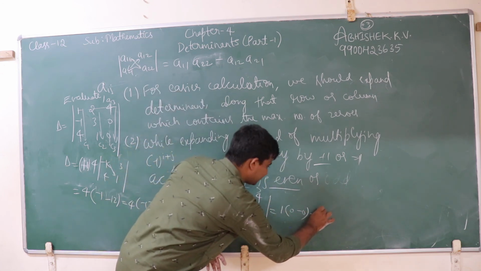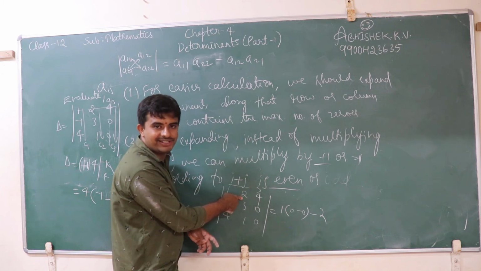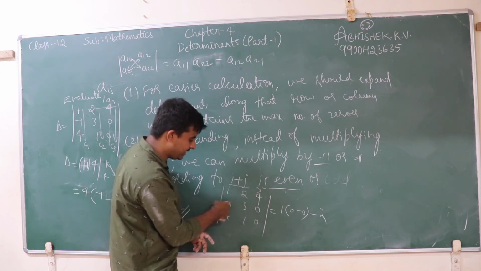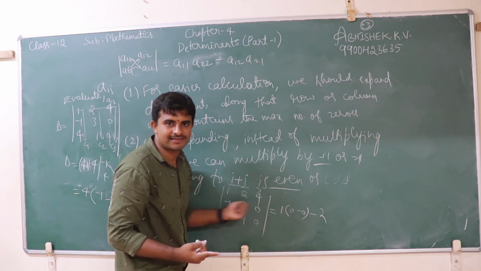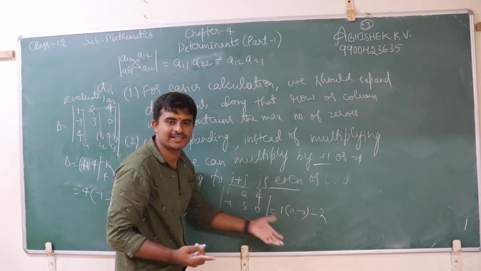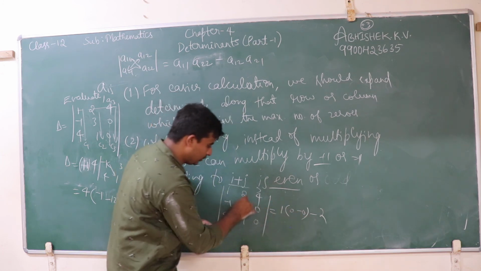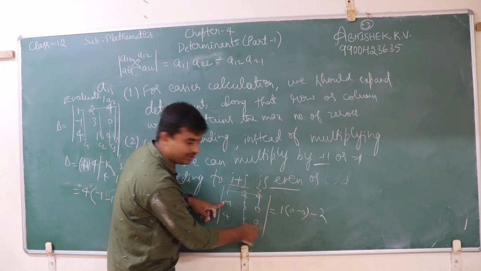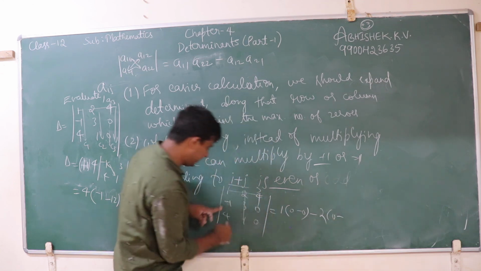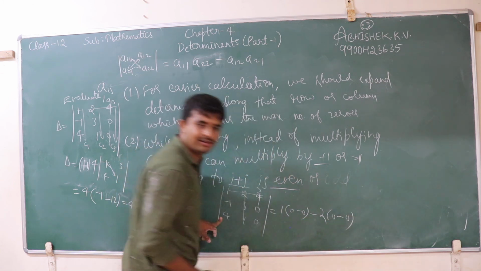Then minus 2 because of the A12 element, with the sign pattern plus, minus, plus, minus, alternating correspondingly. Minus 2 into, deleting this row and this column, we are remaining with minus 1 into 0, 0, minus 4 into 0, 0.